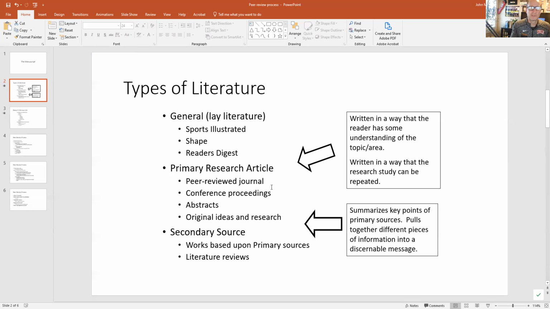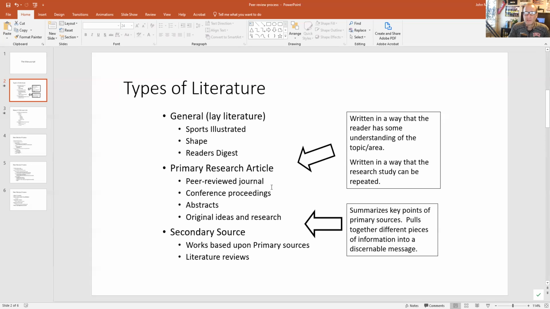The two categories of articles that I want to talk about in more detail, and really I'm going to only talk about the primary research article going forward here, is the primary research article and a secondary source or a secondary article. Let me jump down to the secondary source one. What this is, is a manuscript that is peer-reviewed, published in a peer-reviewed journal.